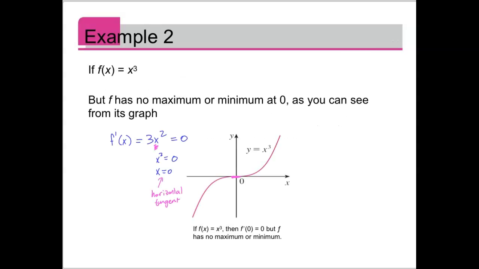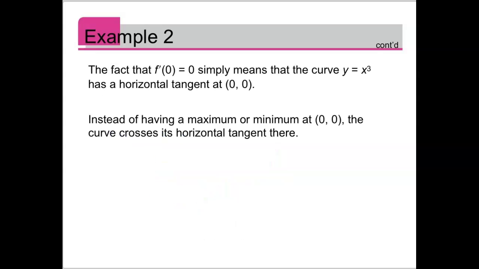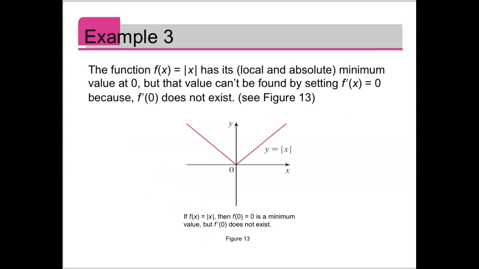We are going to find out that that's still a point of interest to us because there's something going on there, but we'll define that later in the unit. And you can see it's kind of the change in the shape of the graph. It goes from being curved downwards to being curved upwards at that point. We'll define that later, as I said.